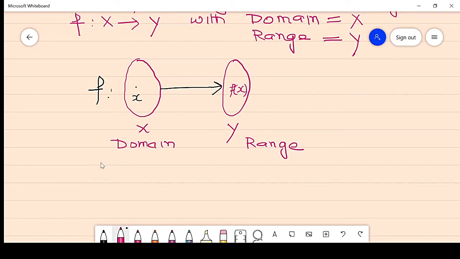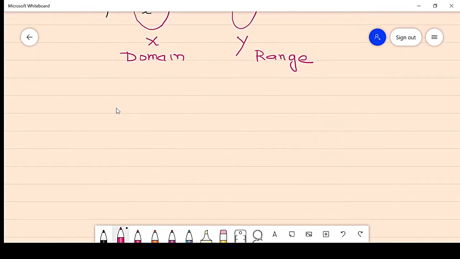So the graph of f is a set in tuple form. What is the definition of the graph of function f?